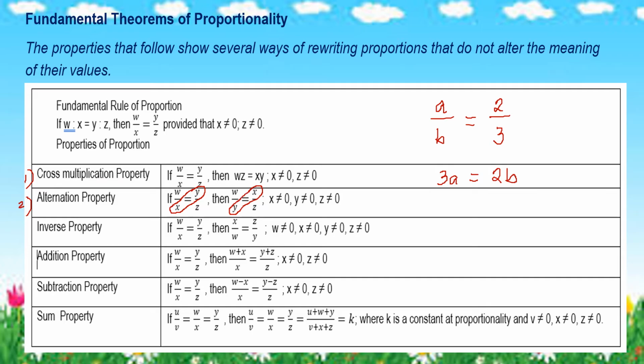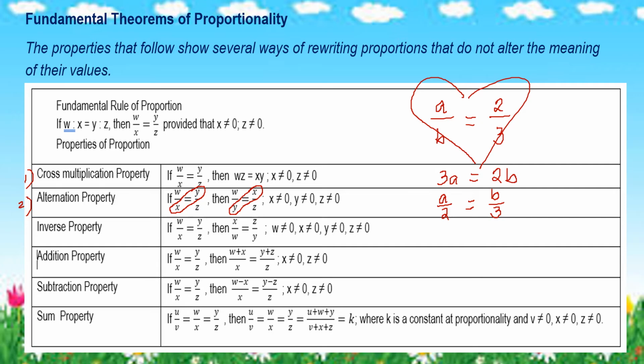So in our given example, a is to b is equal to 2:3. If we rewrite it using alternation property, it becomes a is to 2 is equal to b is to 3. So you just switch the means.